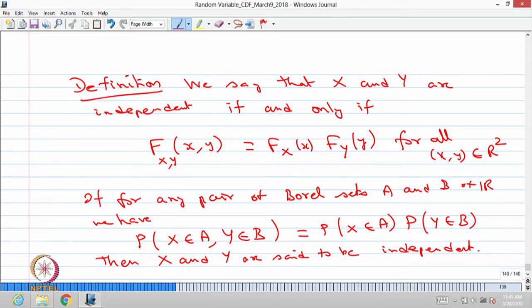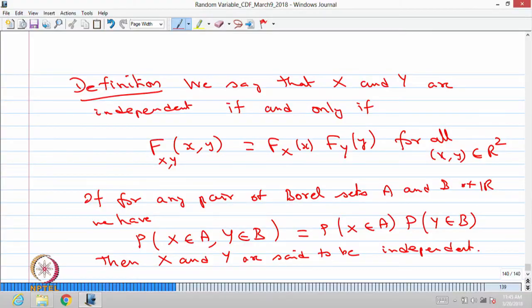We are not saying the random variable is of the discrete type or continuous type. Now I am going to put a condition on whether the random variables are of the discrete type or continuous type, and how this if and only if condition changes.